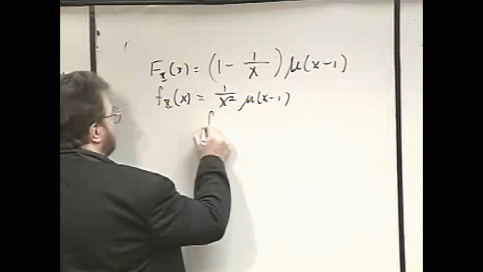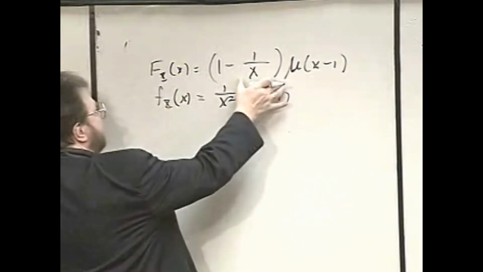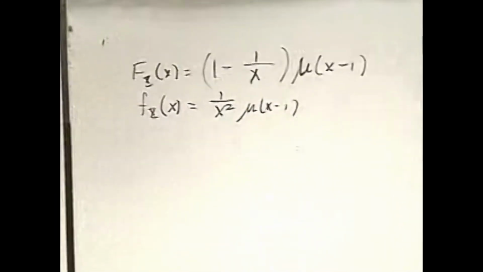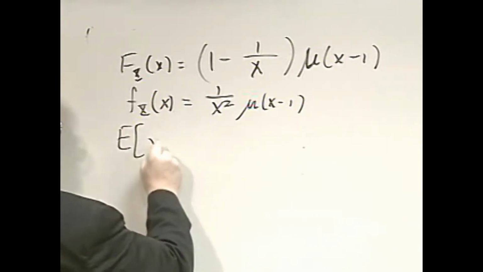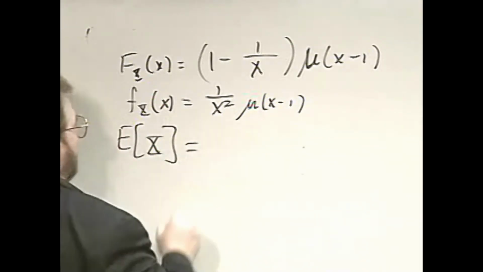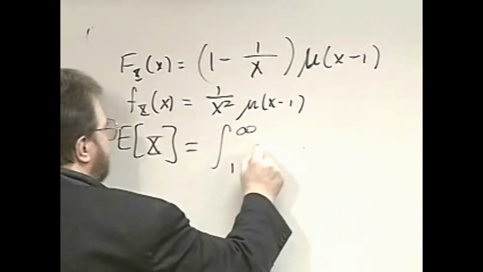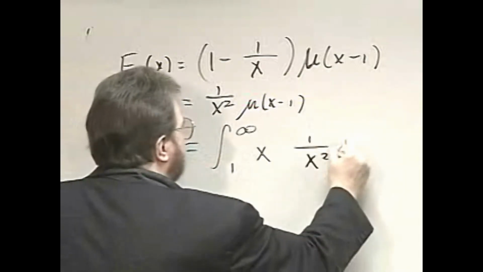Well, it has to be, because if you integrate it from 1 to infinity, you'd get this evaluated at x equal to infinity, which is equal to 1. So yes, it does integrate out to 1. However, if you computed the expected value of this, it would be the integral from 1 to infinity of x times the 1 over x squared dx.